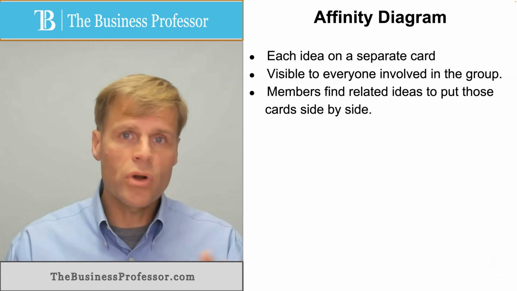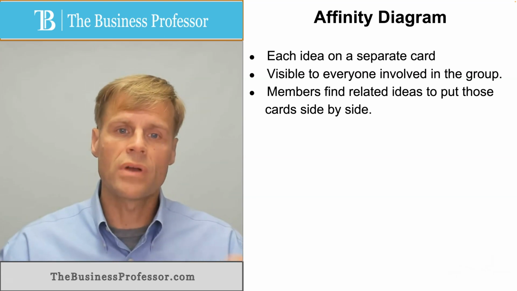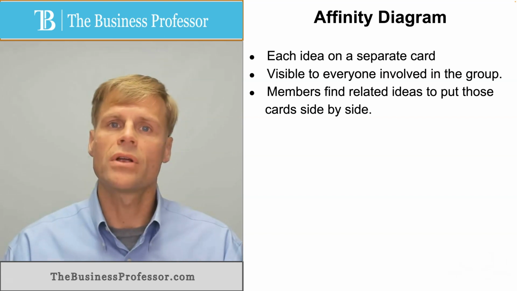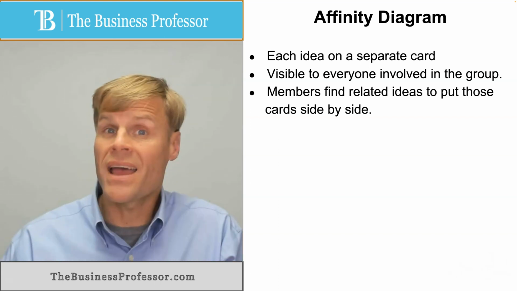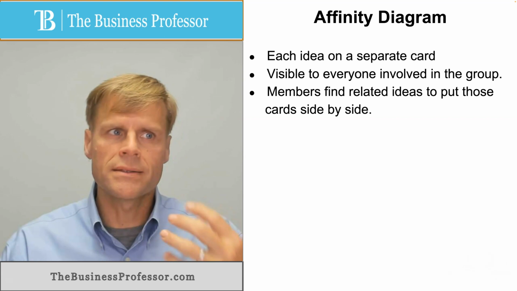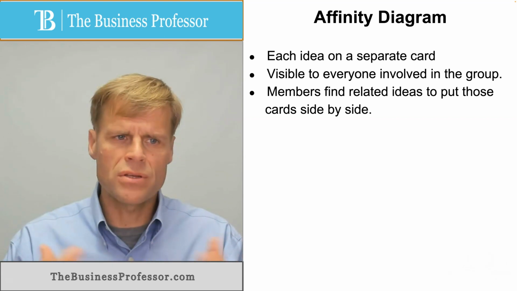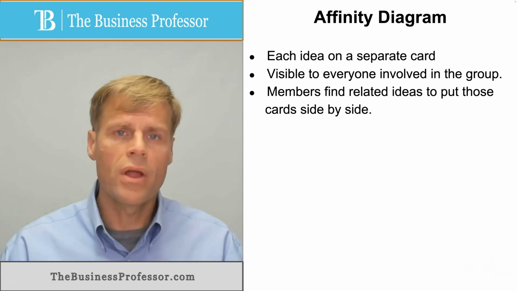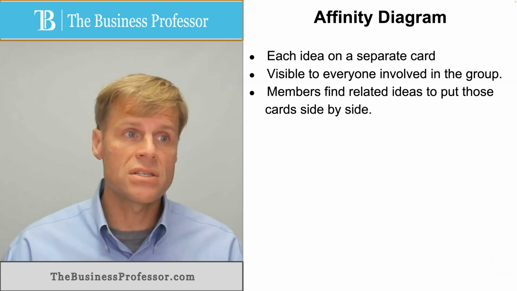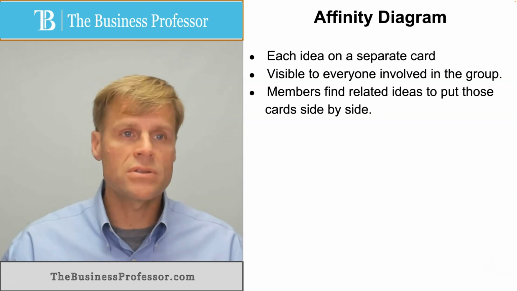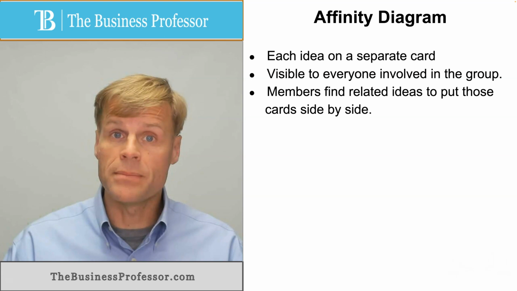Now, each member of the group works together to collectively try to put together individual ideas that have some level of connection, some relation to each other. And those connections or relationships may be very close or tenuous or abstract in many ways.